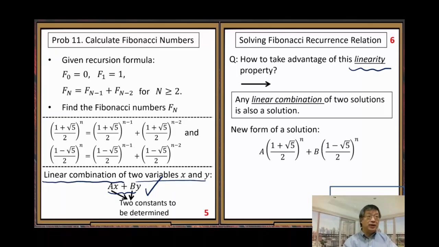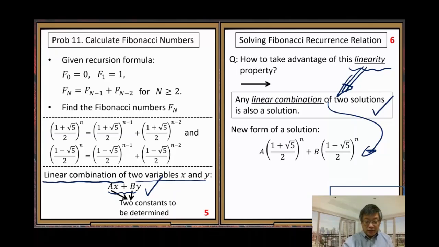This one. How about that? This is a linear combination of two special solutions. The linear combination of two solutions is also a solution. That is the important property we have by taking advantage of the linearity property of the recurrence relation. The linearity property results in this new property.